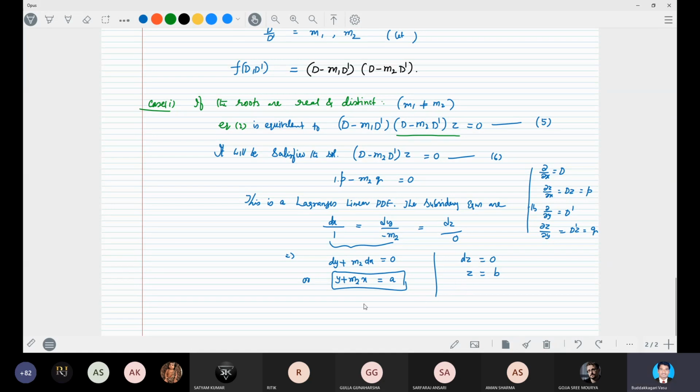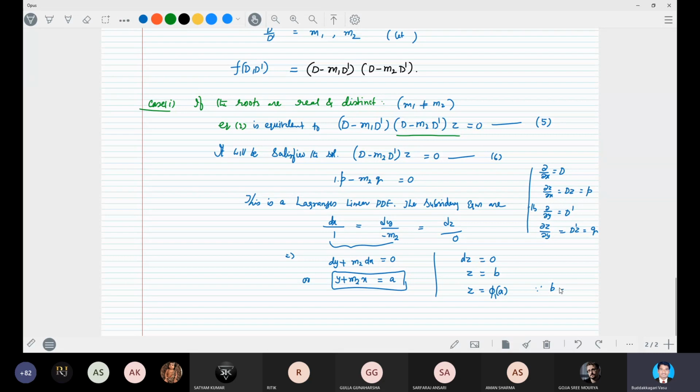So hence the solution can be written as φ of (z, y + m2 x), or z is equal to φ of a, right?